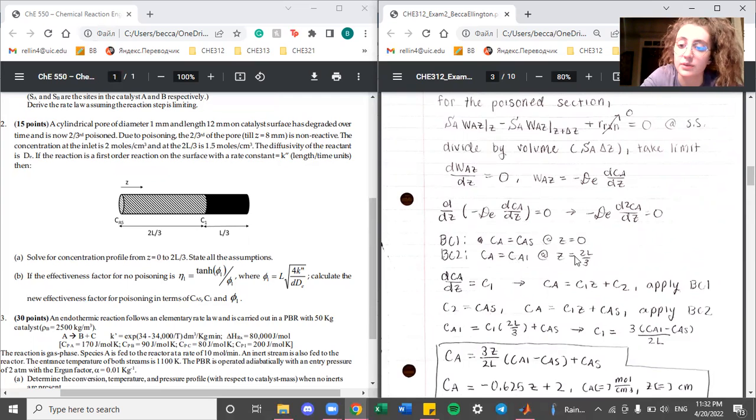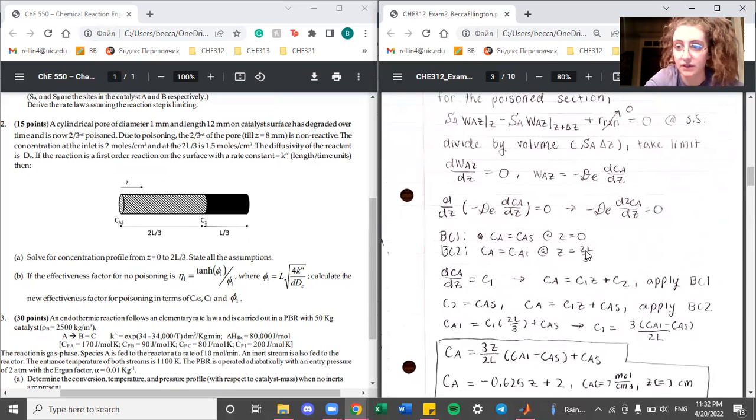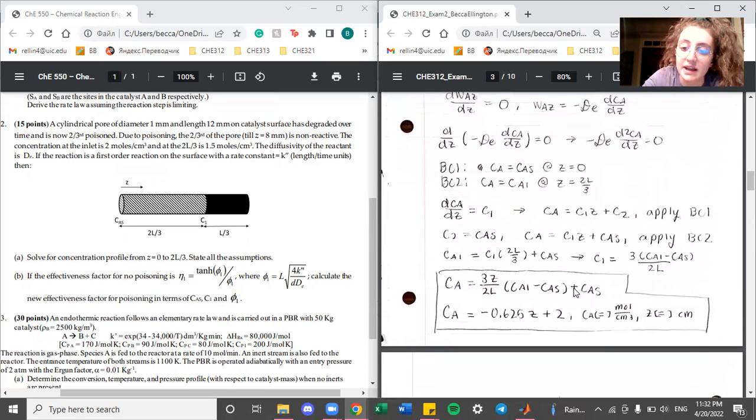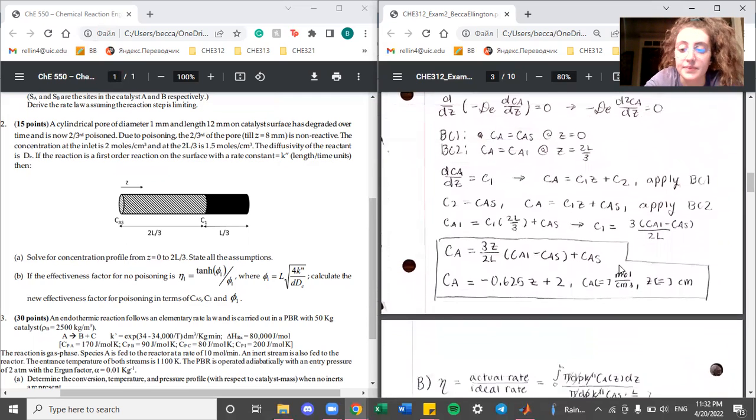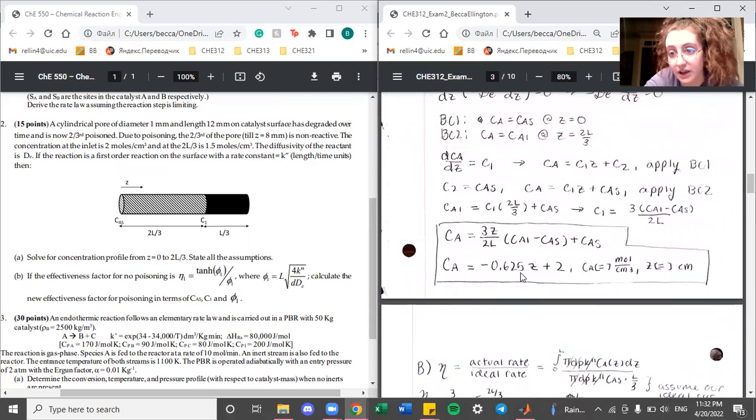And then at z equals 2/3 of L, or 8 millimeters, that is equal to Ca1. I called it Ca1 because I was getting confused between the integration constant and the concentration constant. Plugging that in, I got my profile for Ca for the poisoned region. Then I plugged in the numerical answer where everything is in terms of centimeters.